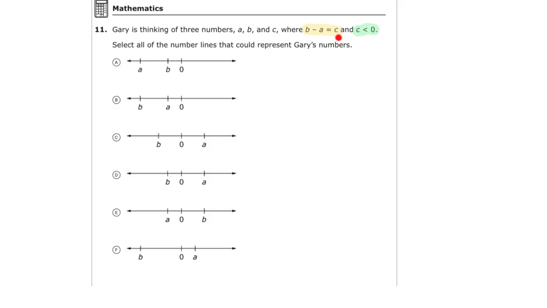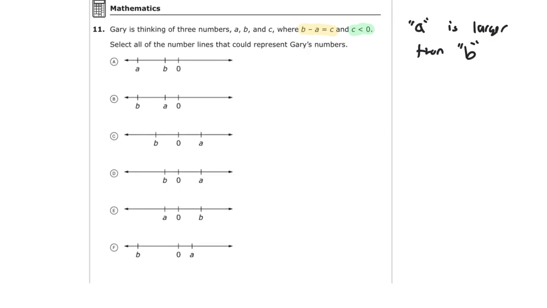Now, that could only happen if B was less than A. So if B is some small number and you're subtracting a larger number, hopefully my student watching agrees that C would end up negative. So we know for a fact that A, whatever A is, is larger than B. Okay.